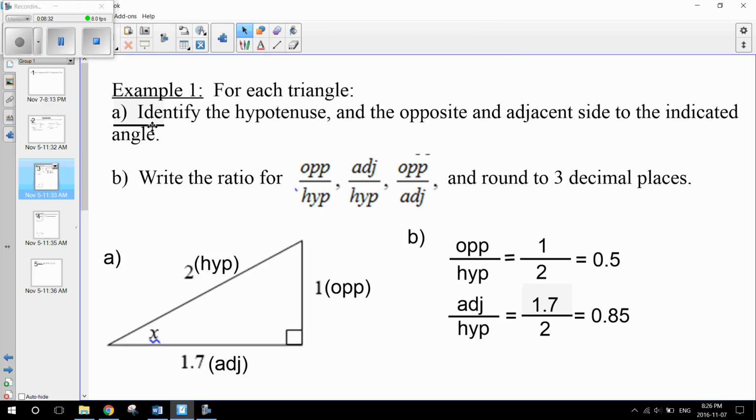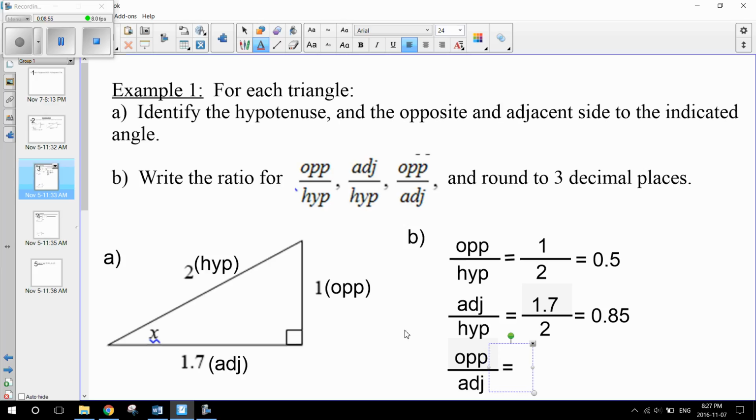Now our last ratio that we're asked to find is opposite over adjacent. Opposite over adjacent. So can someone give us the value for the opposite?